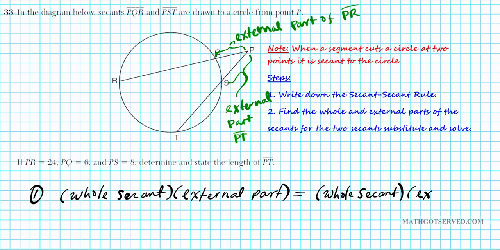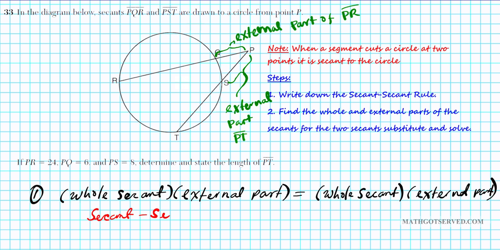This is a secant rule that can help you set up an equation to find parts of secants intersecting at a common point. We're going to use it to set up an equation.